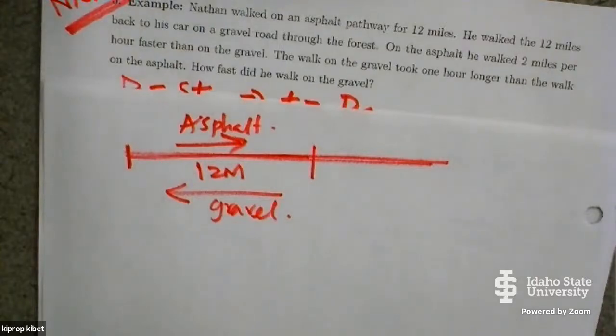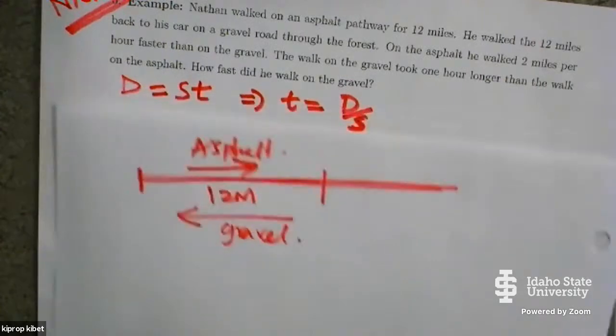On the asphalt, he walked 2 miles per hour faster than on the gravel. The walk on the gravel took 1 hour longer than the walk on the asphalt. So this one is a very tricky question.